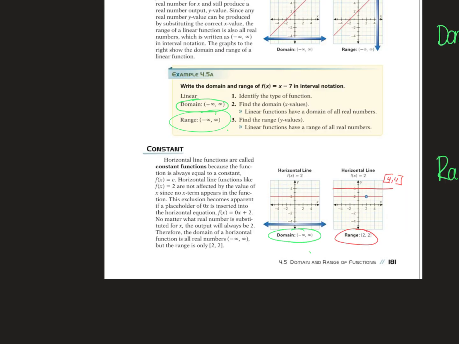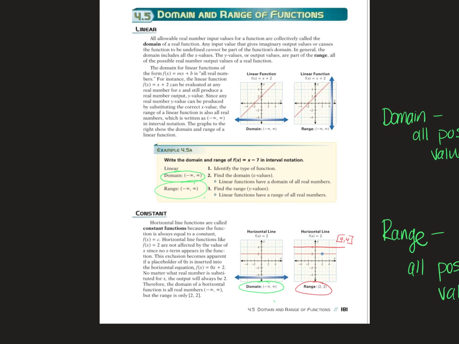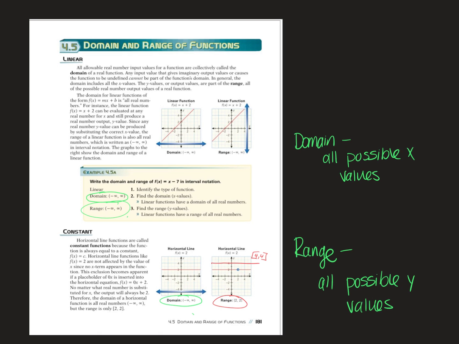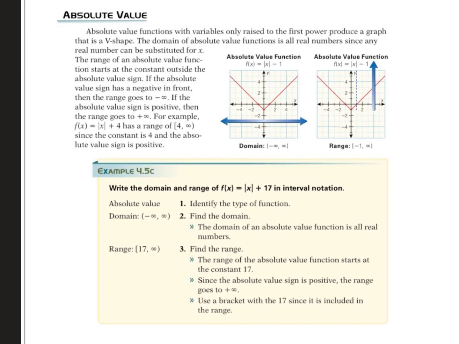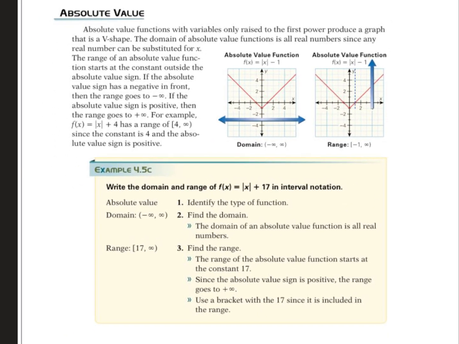Does that make sense for constant and linear functions? Okay? Again, remember, our domain is all of our possible x values. Range is our y, so we look up and down for range, side to side for domain. So, for absolute value, our domain is going to be what? Negative infinity to infinity, always.